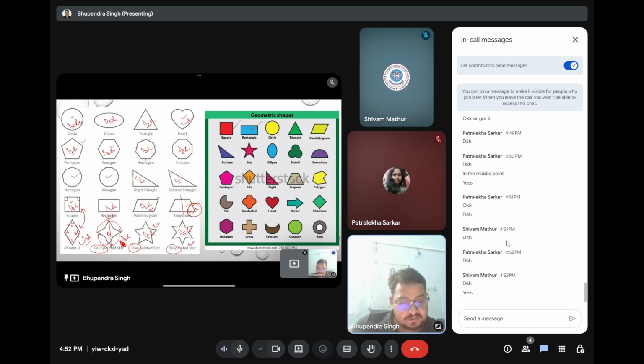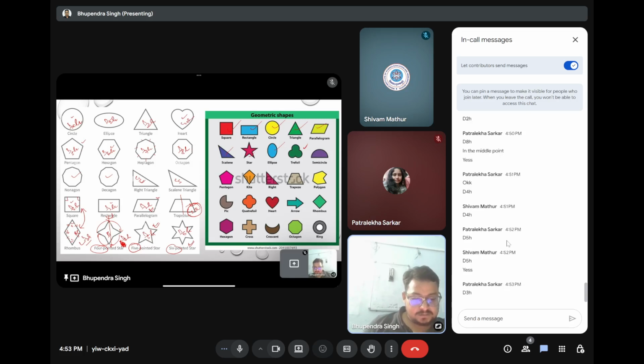So we shall be doing rectangle, circle, triangle, parallelogram, scalene, star, ellipse. Okay. Point group of this trefoil. D3H.